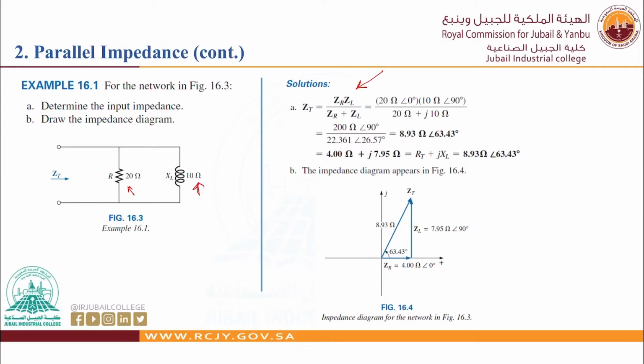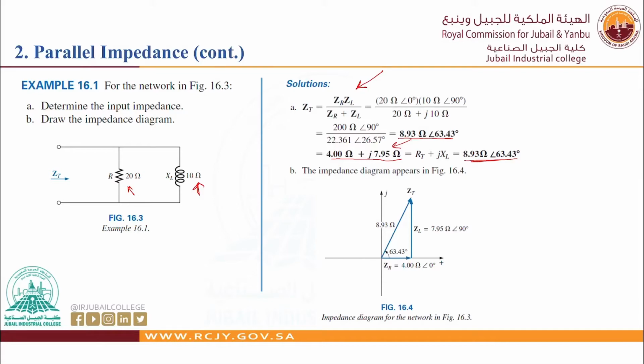Okay, so you will have it in polar form. This is just to remind you that we can go to rectangular form, then to polar form. They are the same answer, but in another form.